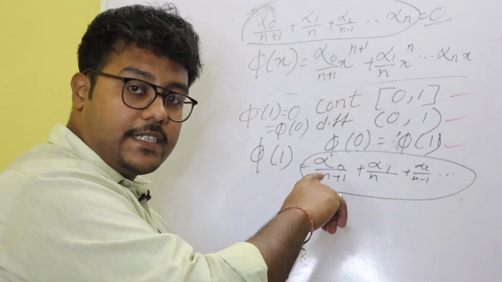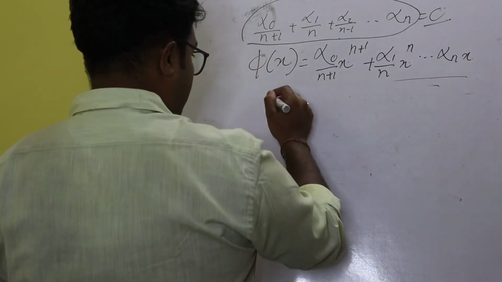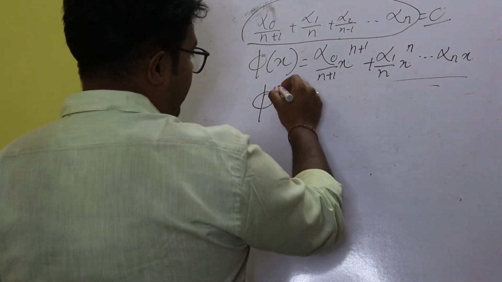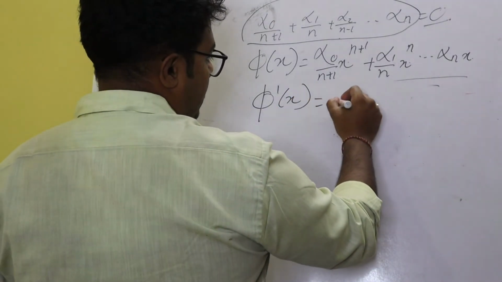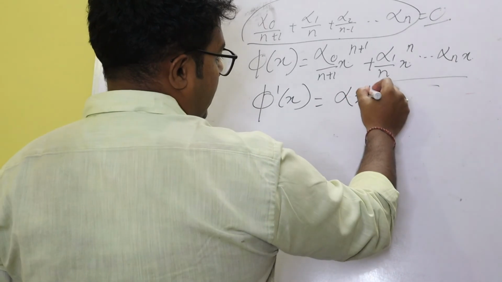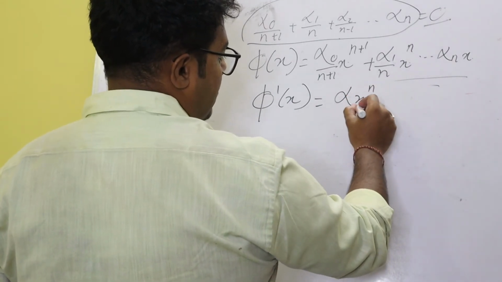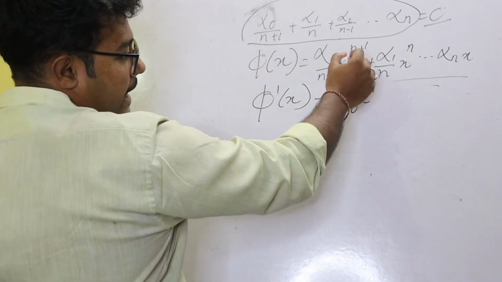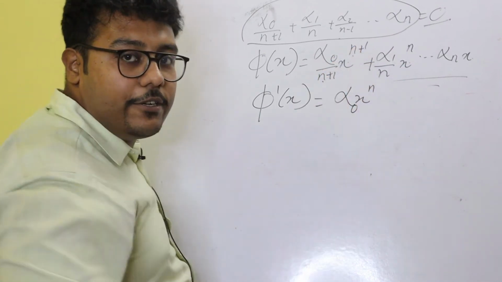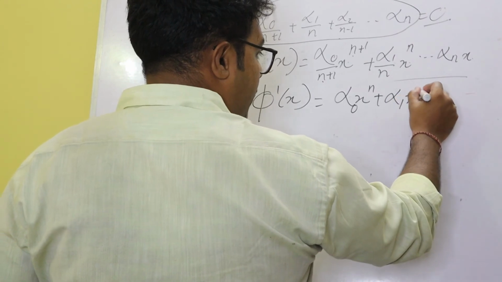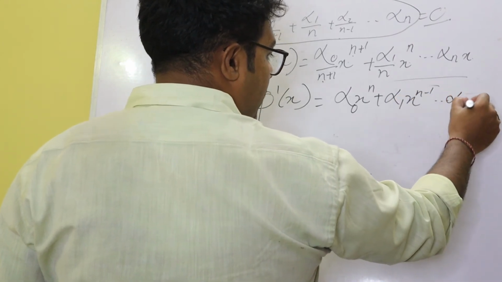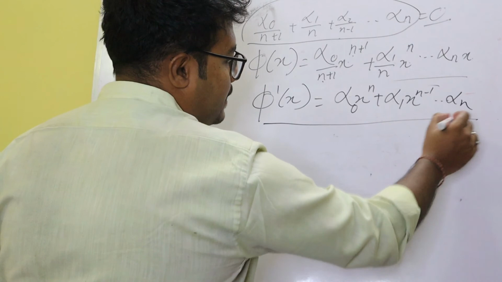Now let's differentiate this. If we differentiate this, what do we get? Lambda 0 x to the power n. Why? Because see, here is n plus 1, here is n plus 1, it will cancel out. Then lambda 1 x to the power n minus 1 up to lambda n. We will get this thing, right?